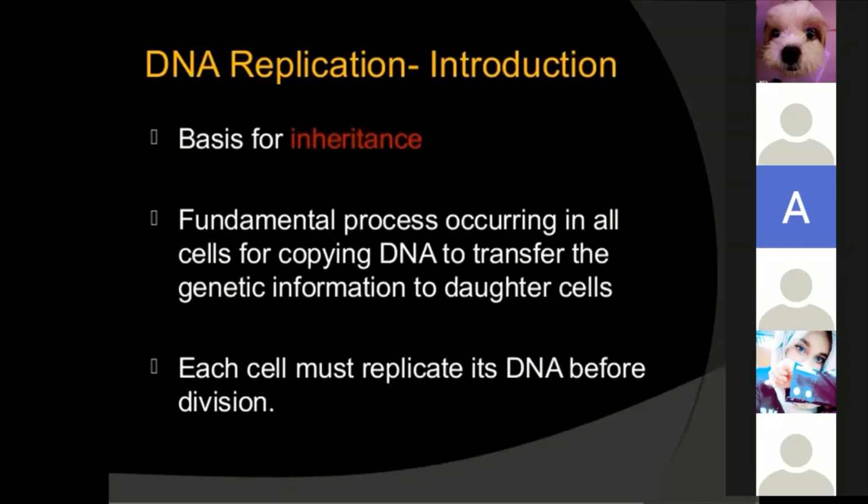It is during the synthesis phase, or S phase. After that it stops, because the cell goes for mitosis after G1, S, G2. Whatever replication has taken place will be divided into daughter cells during mitotic division.